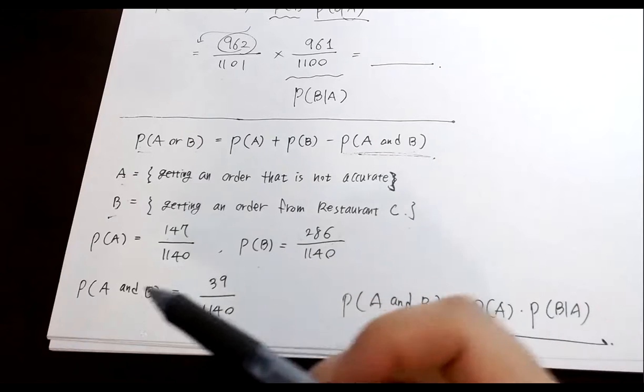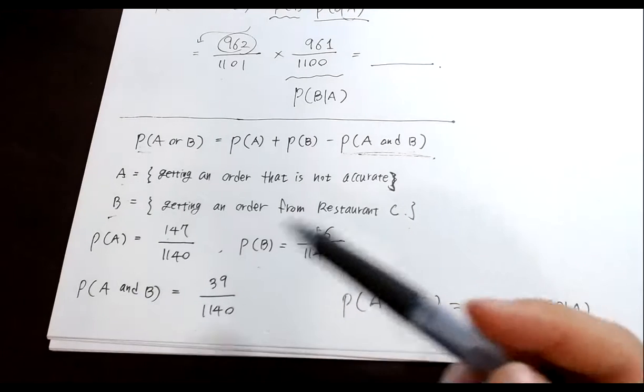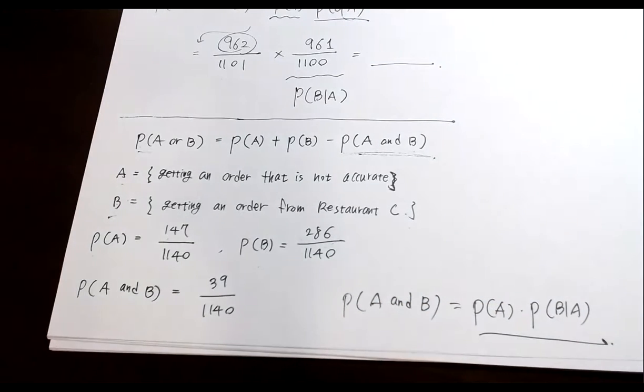But think about this. Probability of A and B means we need to figure out the probability of getting an order that is not accurate and from restaurant C as well.